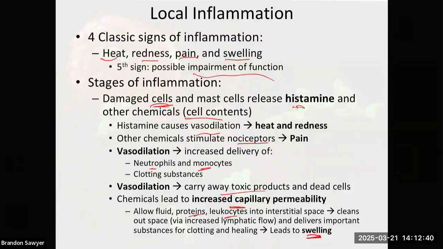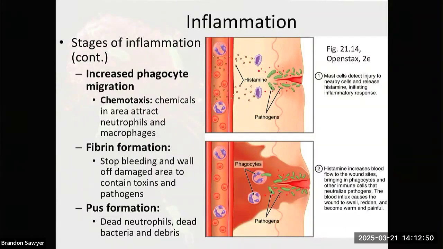Okay, it all starts with broken cells, right? Damaged cells are going to activate this whole thing, and then it leads to all of those symptoms that we just saw. A few more steps here. Since we're delivering more blood to the area with vasodilation and the capillary beds are getting more permeable, that means we can get more phagocytes to that area in a process called chemotaxis.